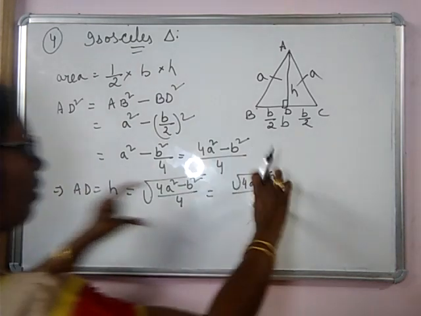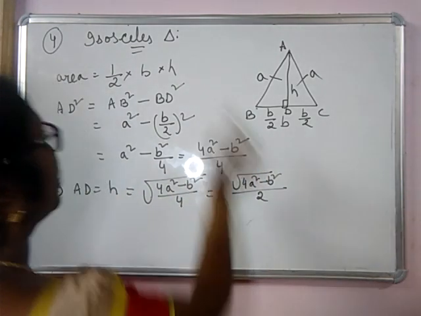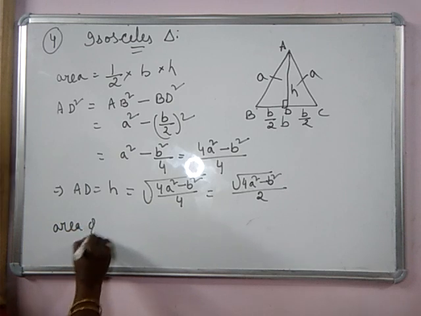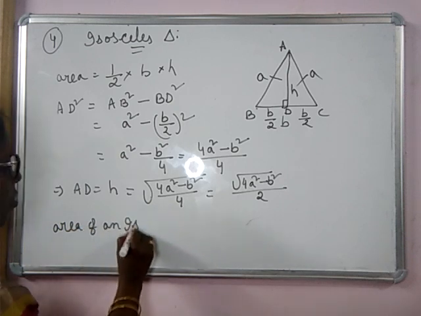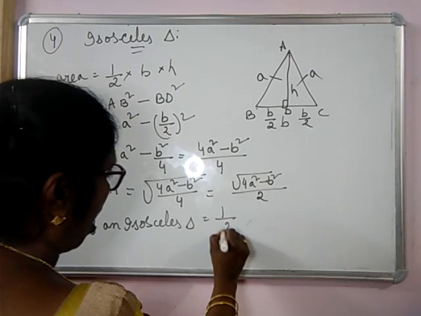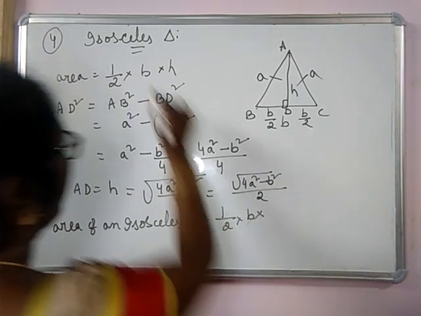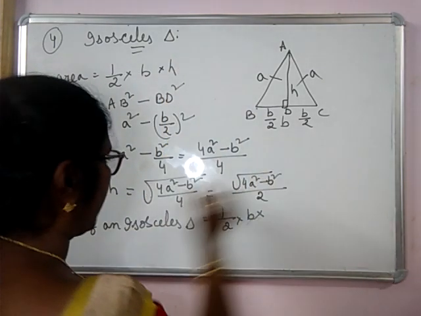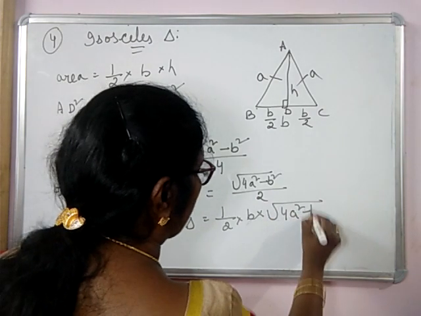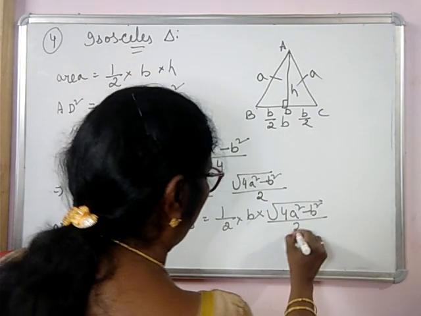Now let us substitute this value of h here. Then you will get the area of an isosceles triangle. Area of an isosceles triangle is half into b into h, where h equals square root of 4a square minus b square by 2.